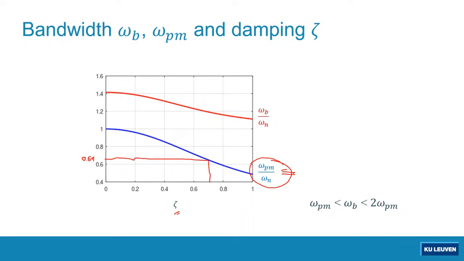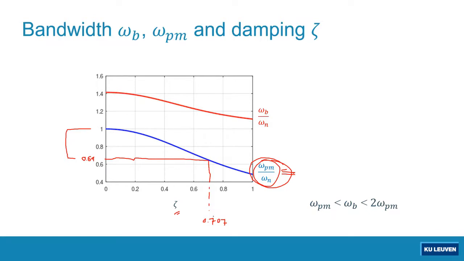This means because we have the first requirement, zeta can be anything less than 0.707. This can be translated then to the requirement of the ratio between phase margin frequency and undamped natural frequency being greater than 0.64, right?